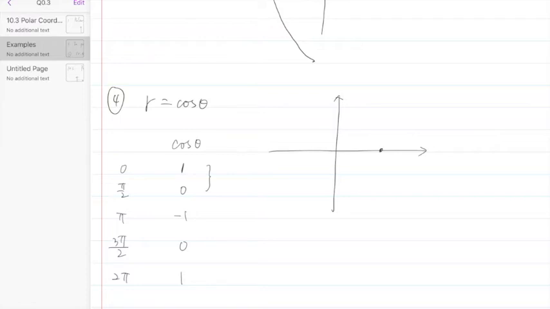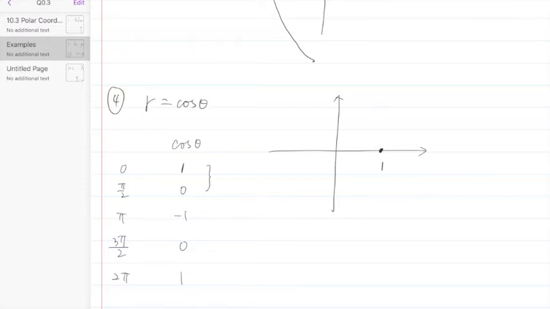Let's talk about how we go from here to here. That means when your theta is 0, your r is 1, which is cosine theta, right? So when theta is 0, you're here. And then as your theta rotates from here to here, what's going to happen is r becomes smaller and smaller.